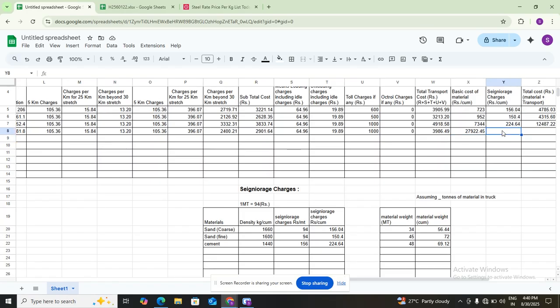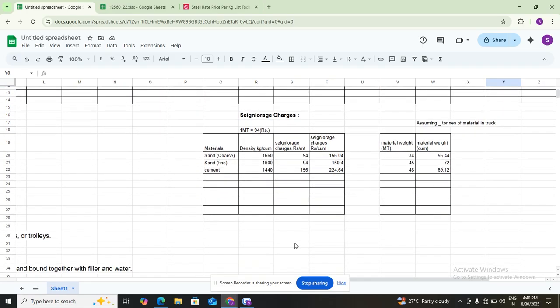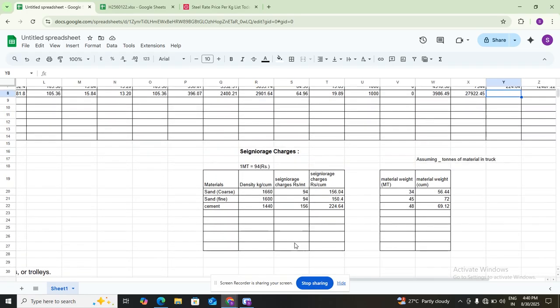What is the service charge of steel? Again we need to assume it, that is also not present in the book. That's why I'm taking some value. I'm taking the density as 7850 kg per cubic meter. What is the CNS? I'm taking approximately 150 as the CNS charges.